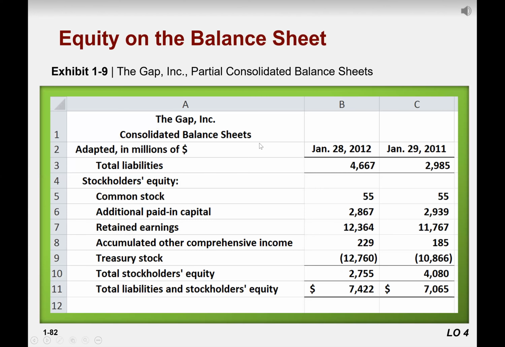Okay, so this is the equity position, or owner's equity, on the balance sheet of Gap Incorporation. So we have total liabilities. That is the previous part here. Stockholder equity. We have common stock, see 55. Additional paid in capital, we see here.